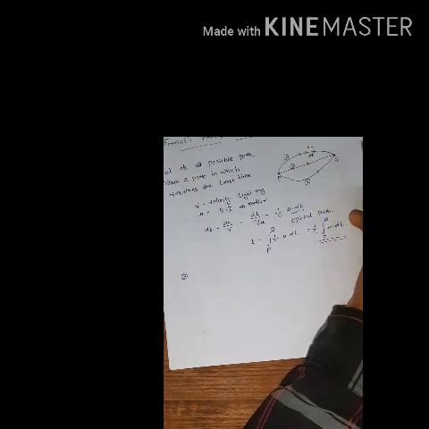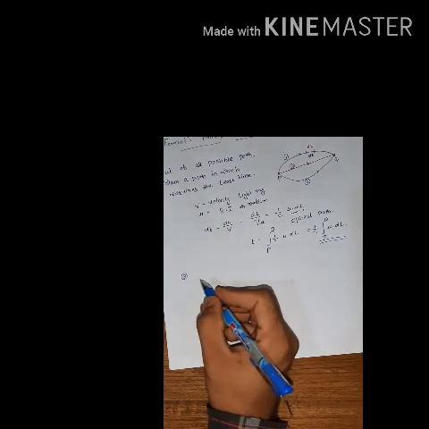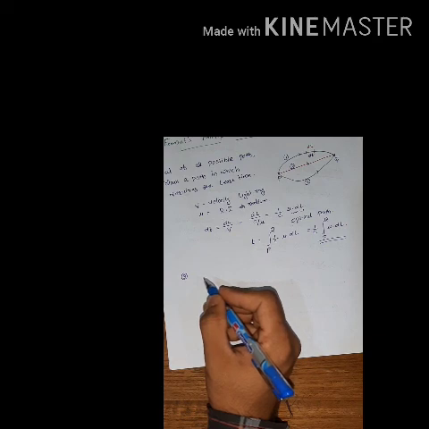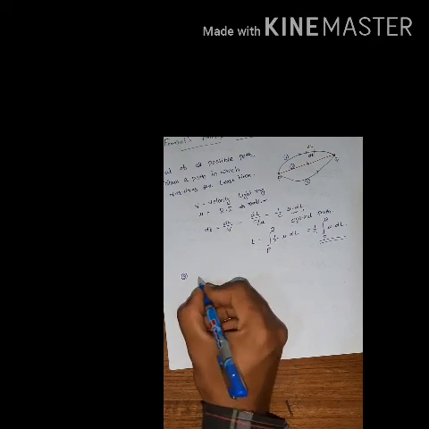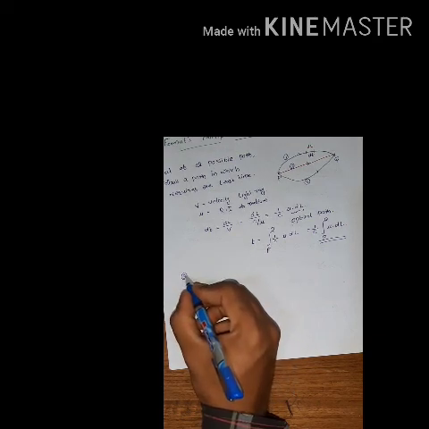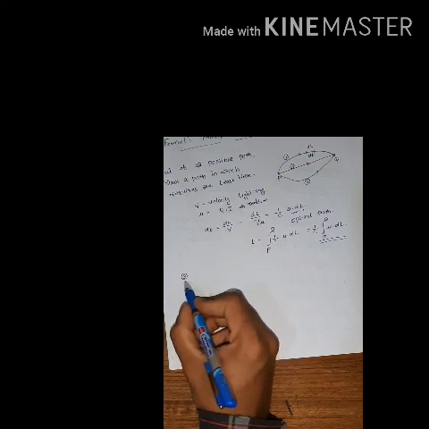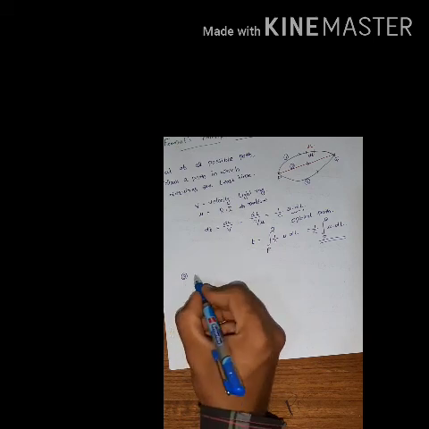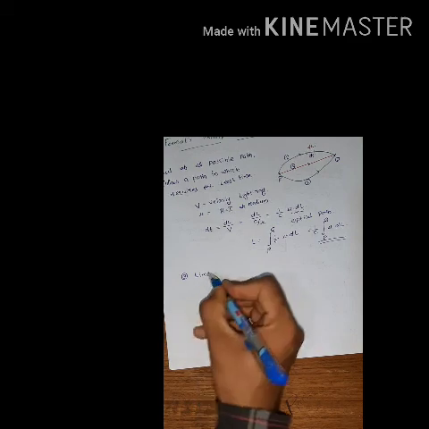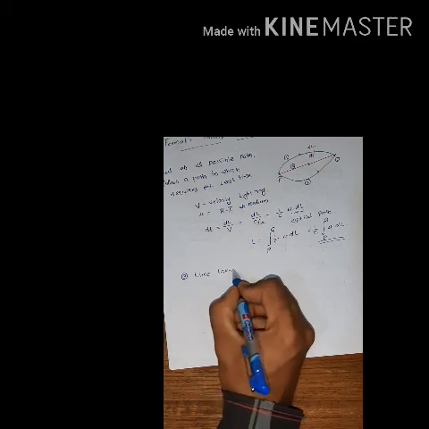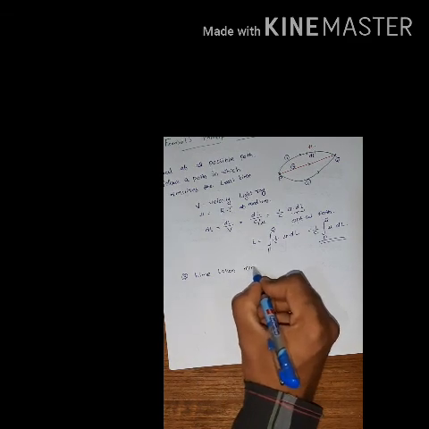The property of this third path is that the time taken for traveling from P to Q is minimum.